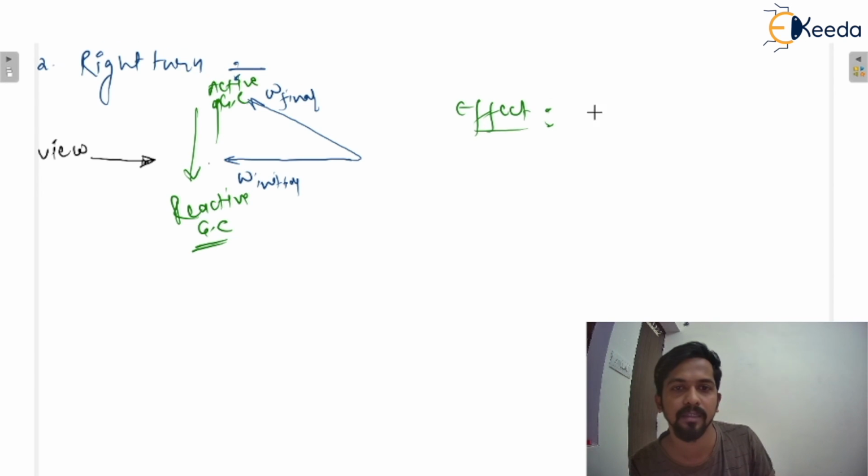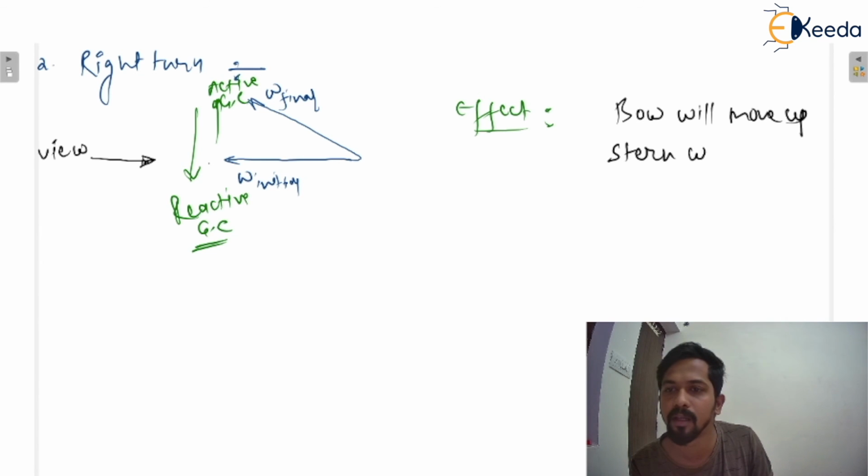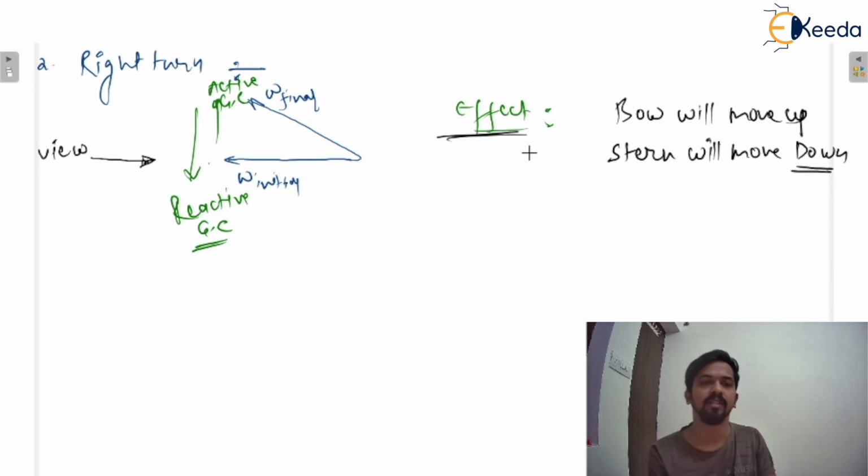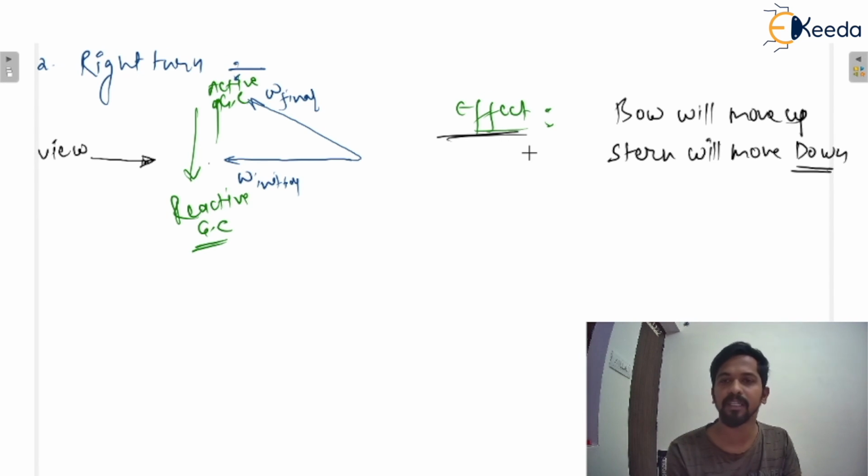The effect is bow will move up, and stern will move down. We will do questions on this. You will be able to understand what the effect is and how we can find out the effect of the turning of ships. I hope you understand this whole procedure.